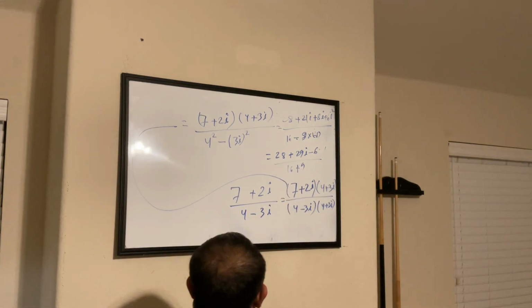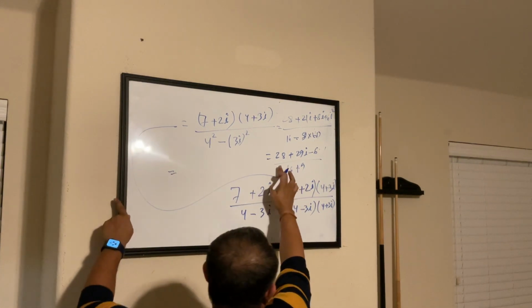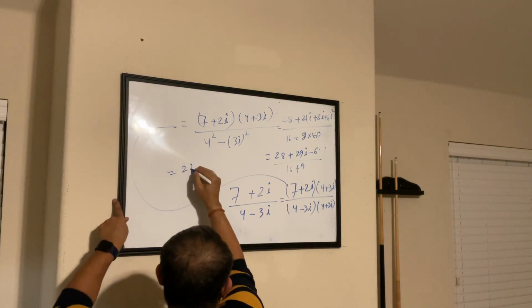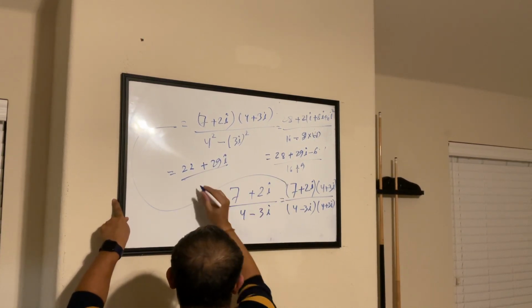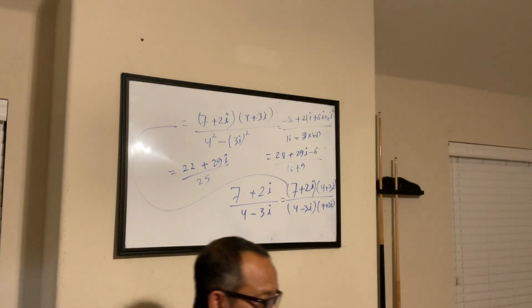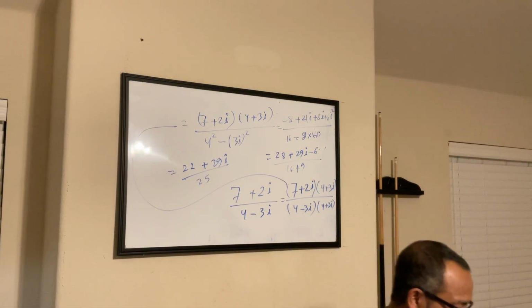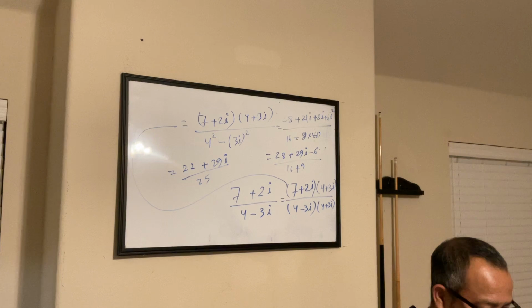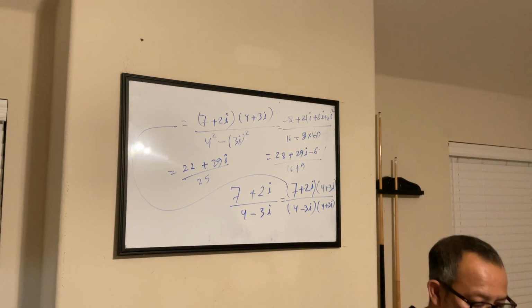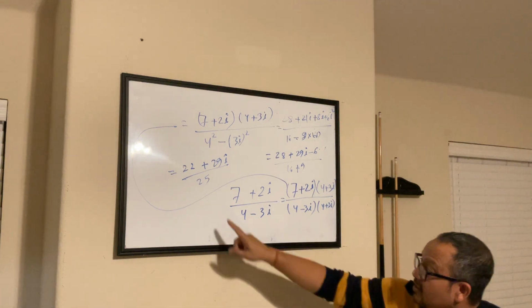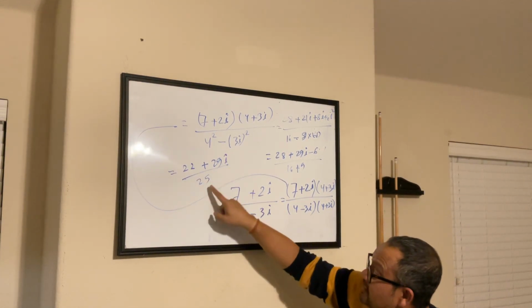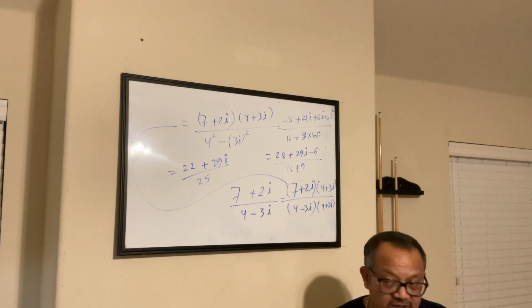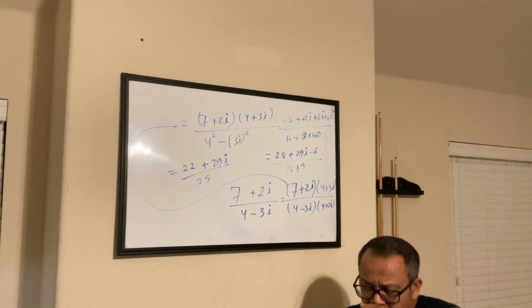So now what you got is 28 minus 6 is 22, plus 29i, divided by 16 plus 9, 25. See, life is not that difficult. So now it will be 22 by 25, which is the real part, plus 29 by 25 i, the imaginary part.